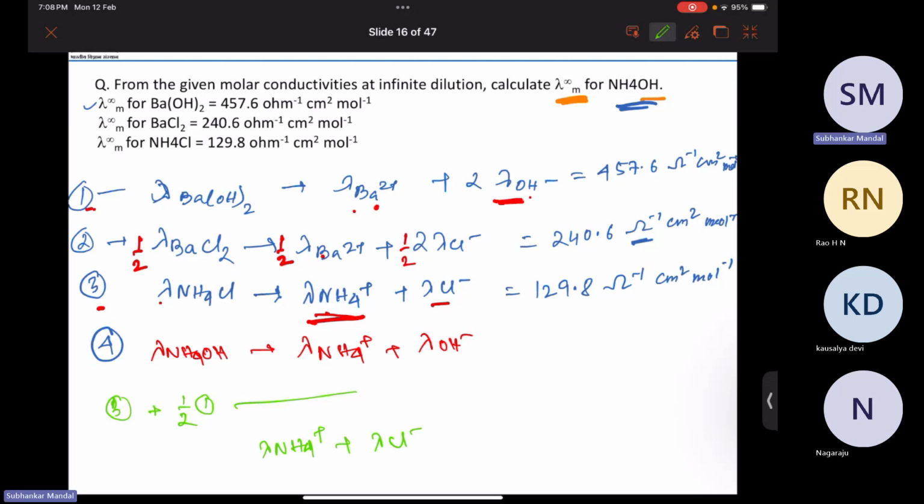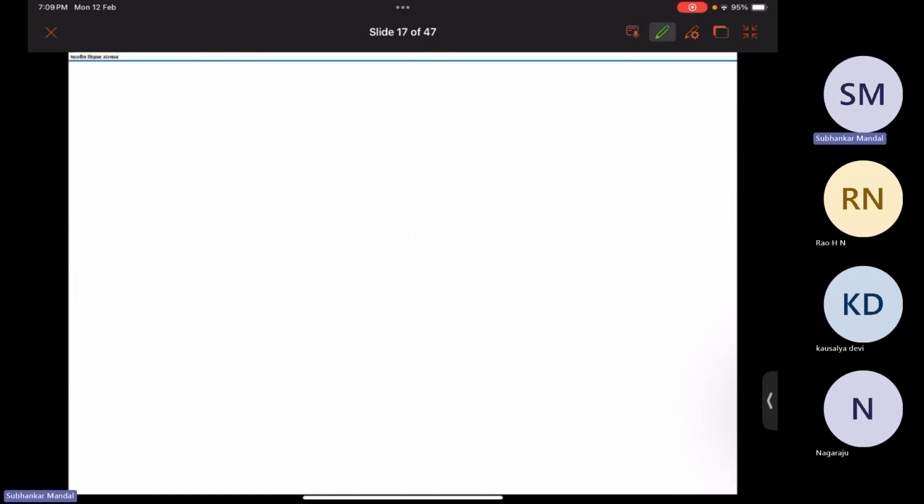Okay, this is equation 1, right side, and plus half of left side, lambda barium 2 plus, 2 lambda OH minus. Okay, these things. So what will it be?